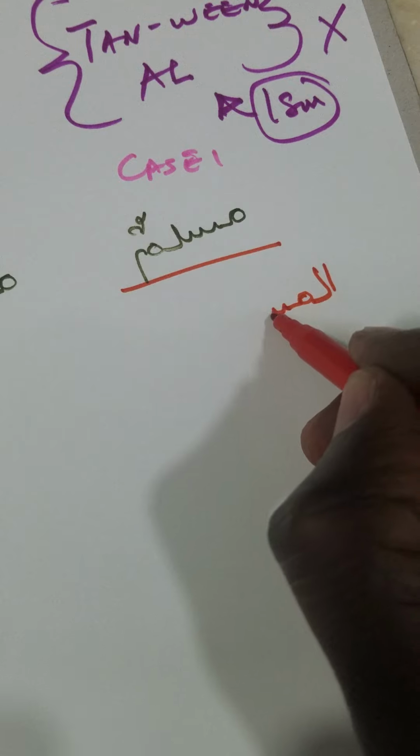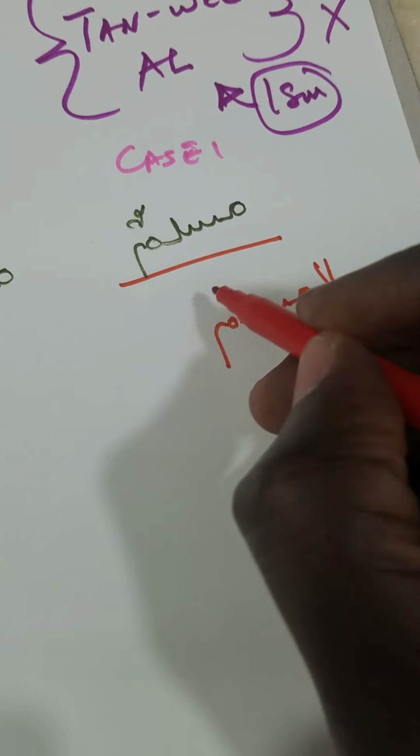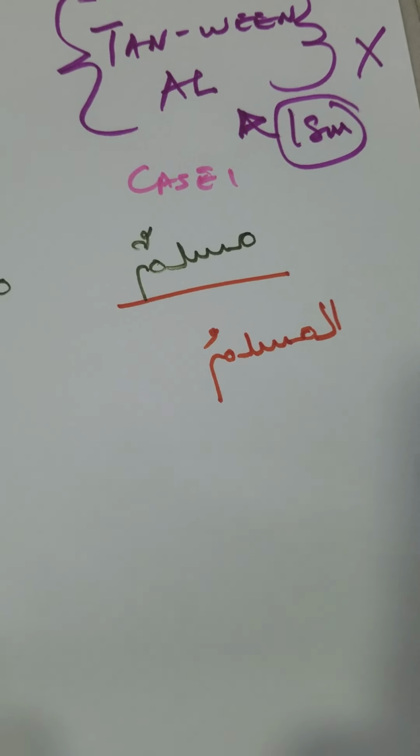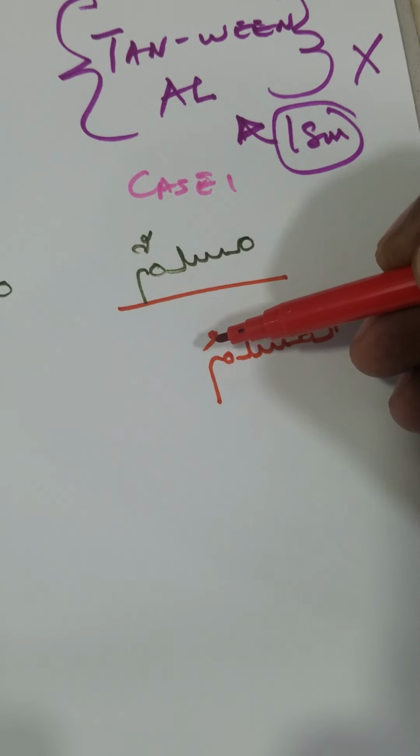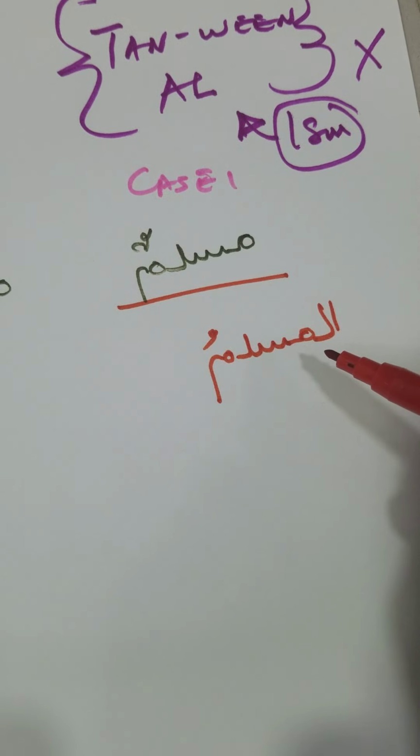So now what happens? When we add al to make it definite, instead of tanween, we are putting this. Okay, so the word which was Muslimun is now becoming al-Muslim. Al-Muslim.